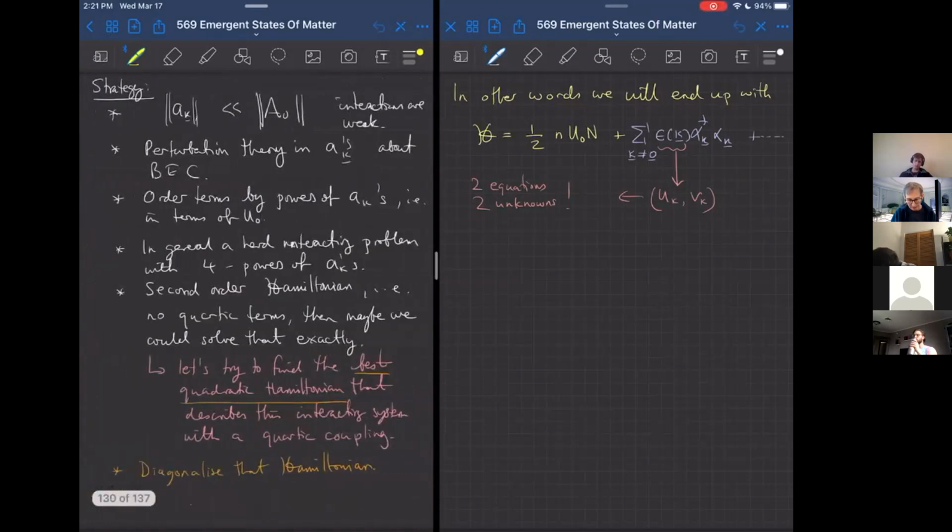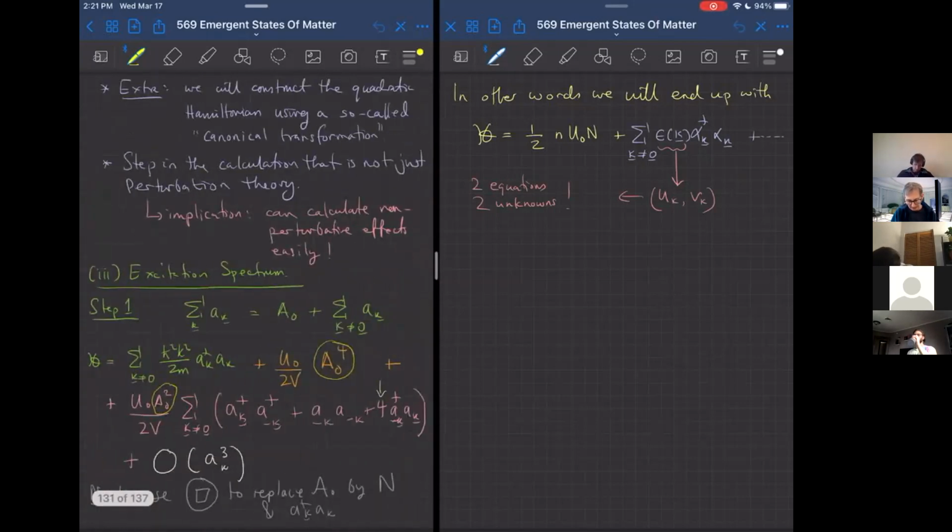Then we worked out the sum over all the k's. We wrote down the Hamiltonian and expanded about the Bose-Einstein condensate in powers of the annihilation and creation operators up to second order.